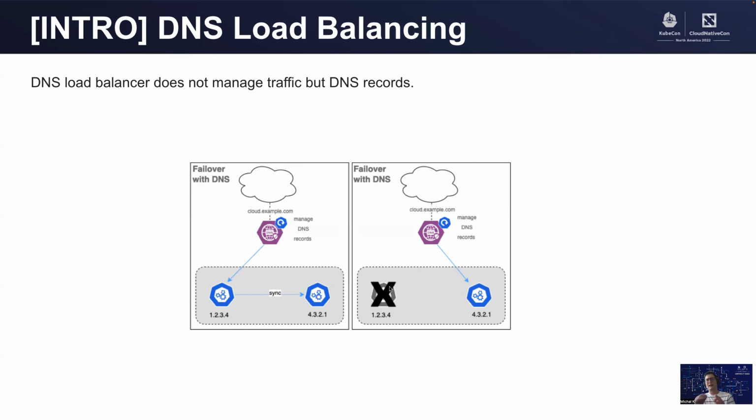So for very high performance scenarios, DNS load balancing doesn't work. But for most scenarios where you can be a couple of seconds or minutes off, the DNS load balancer is a great, powerful tool.